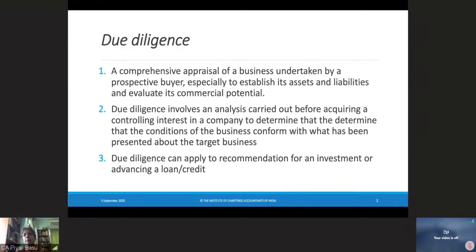The nature and complexity will change depending upon the complexity of the proposed transaction, but some kind of fact finding is always there. So that's the basic definition of due diligence. It's a fact-finding mission. It's an investigation to evaluate a business opportunity.